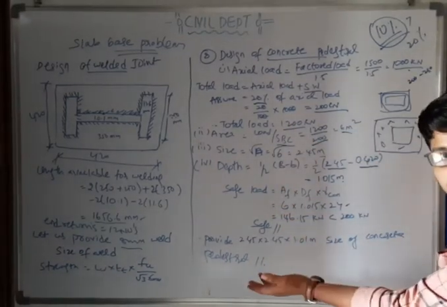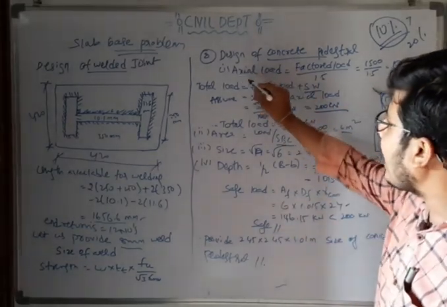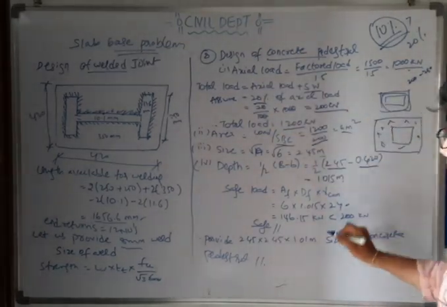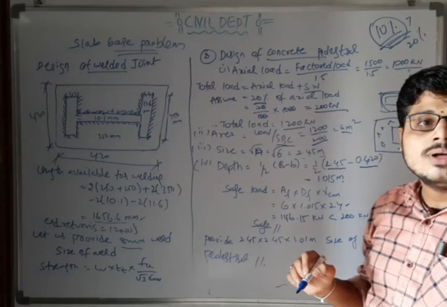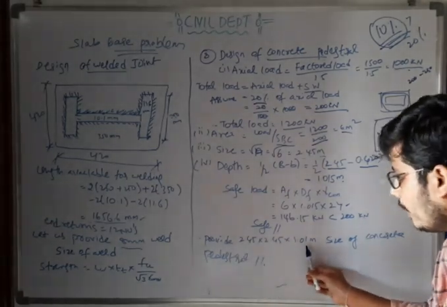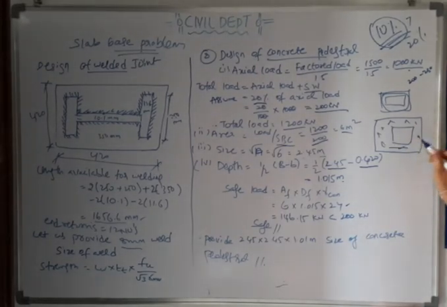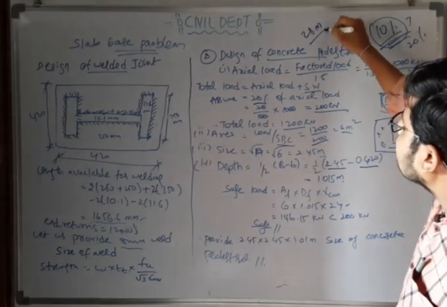Otherwise it is not safe, and we should redesign the problem from axial load, by increasing the assumed percentage of self weight. So we provide a concrete pedestal of size 2.45 by 2.45 by 1 meter. This is the concrete pedestal and this is the slab base design, which we will get for 28 marks.